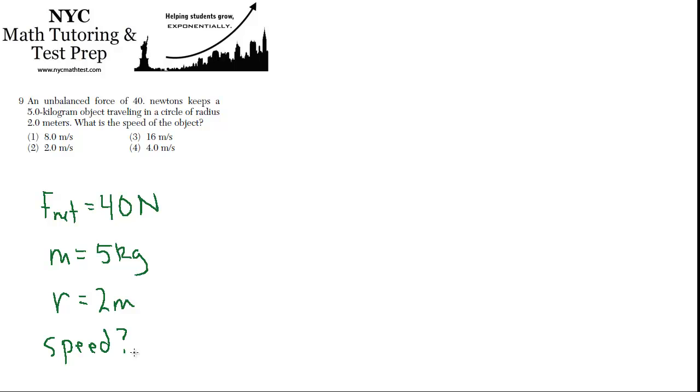So there is a formula, well, first of all, we have Newton's law, right? We can always write F net equals ma. But what's the a? In this case, it's a special acceleration, centripetal acceleration, because this is centripetal motion.